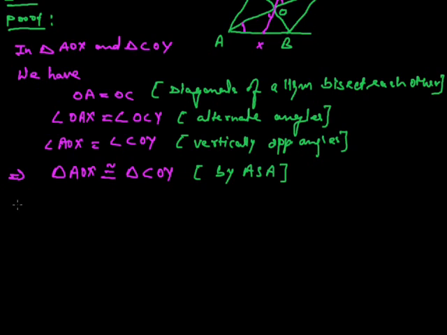Once we get the triangles congruent, we can write by CPCT, OX is equal to OY. And the reason is CPCT, and hence proved.